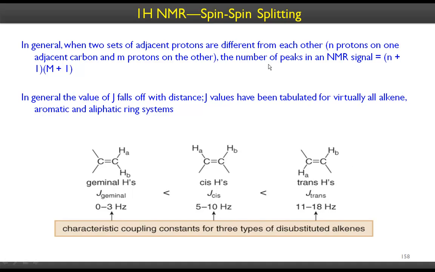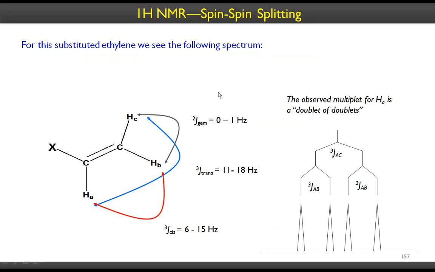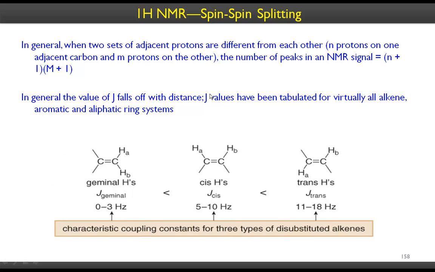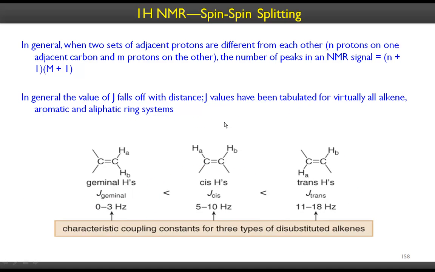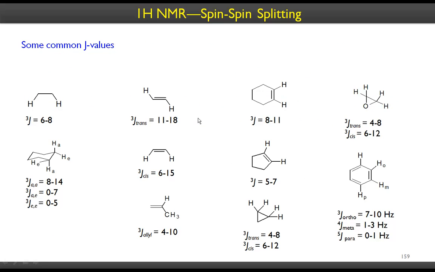Okay, the n+1 rule only holds good in certain cases; it doesn't hold good in all cases. Then you have to go into finer tree diagrams to draw them, and the total number of peaks in a given NMR signal is given by this rule, n+1 times m+1. So if you practice some examples, it would be clear to you.